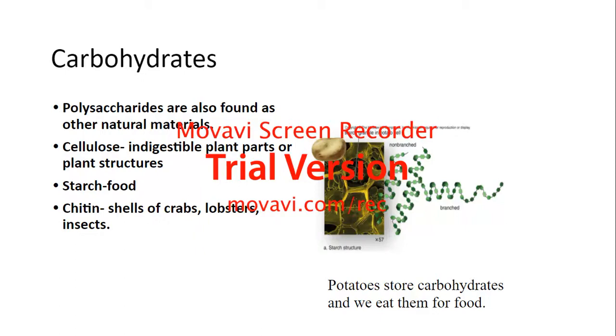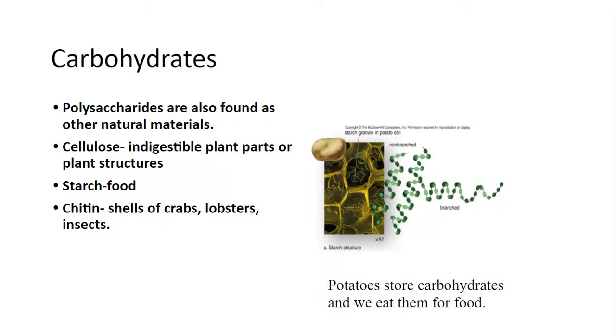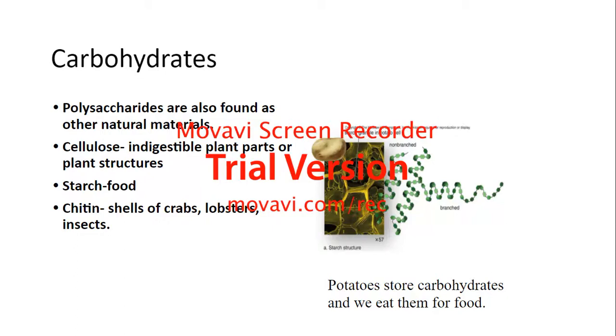So cellulose, part of plants that you can't digest, is a polysaccharide. Chitin, again, the shell of crabs, lobsters, insects, another polysaccharide. And then starches are polysaccharides also.